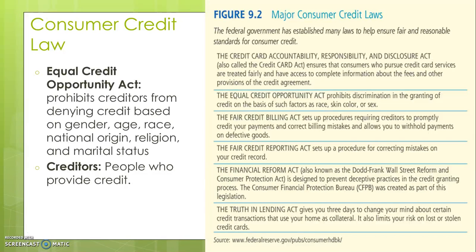Something that I want to bring up is this law associated with credit cards called the Equal Credit Opportunity Act. It prohibits anybody from denying you credit based on your gender, your age, your national origin, your religion, anything like that. You cannot be discriminated against from using credit by any of those things.